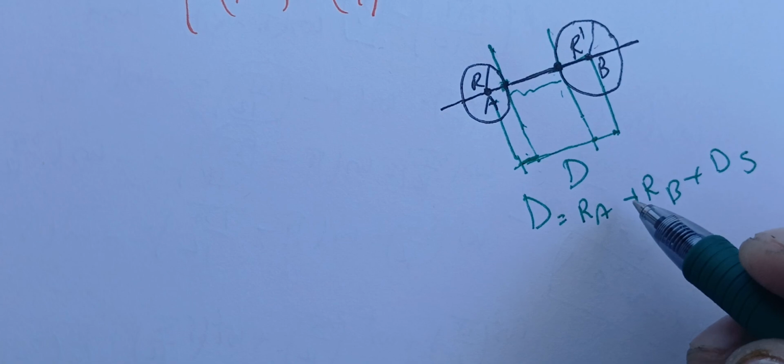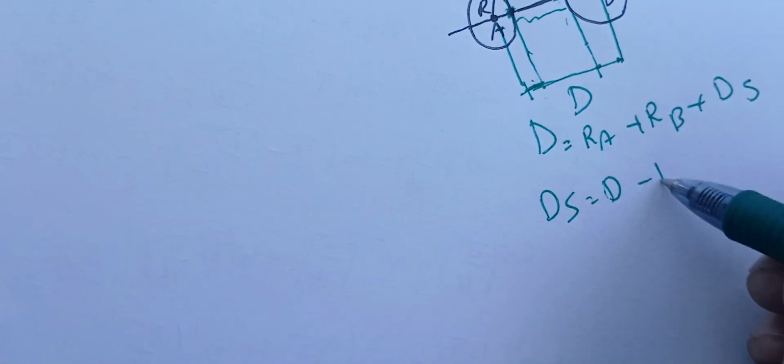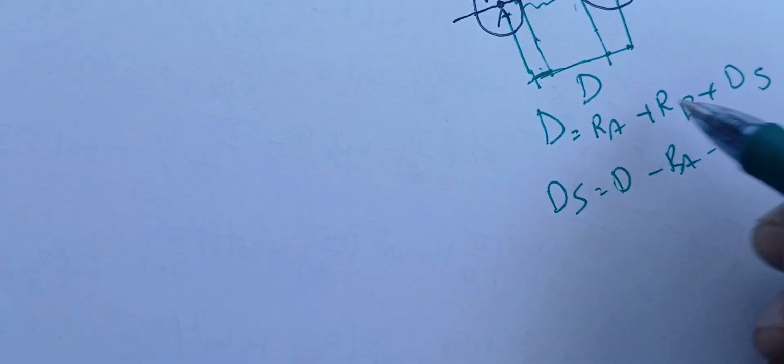Therefore we can find ds as D minus RA minus RB.